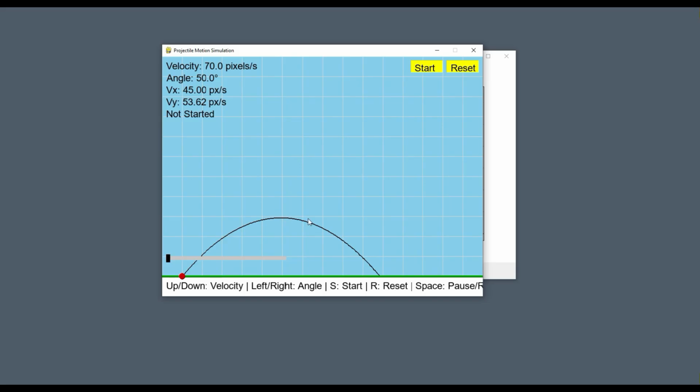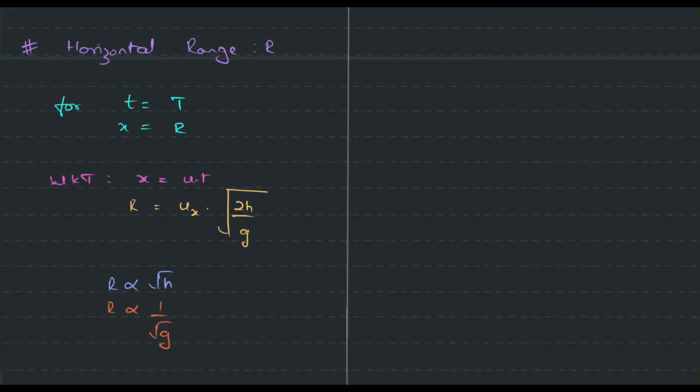If I happen to throw from here, this would be the range. But if my acceleration due to gravity is less, my path will be a lot more like this. It will go further and further. Why? Reason being the pull is low. I'll get more chance to fly forward. And of course, it is dependent on how much force we are throwing with to begin with.